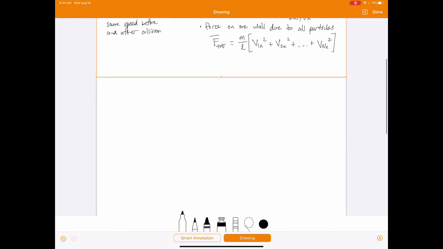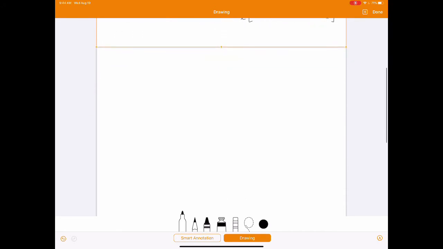Okay, so we're going to do a little bit more work. First, let's think about what it means to talk about the average of some quantity. Let's say the average of Vx squared. Well, whenever we calculate an average, we take basically the sum of all of the different values.